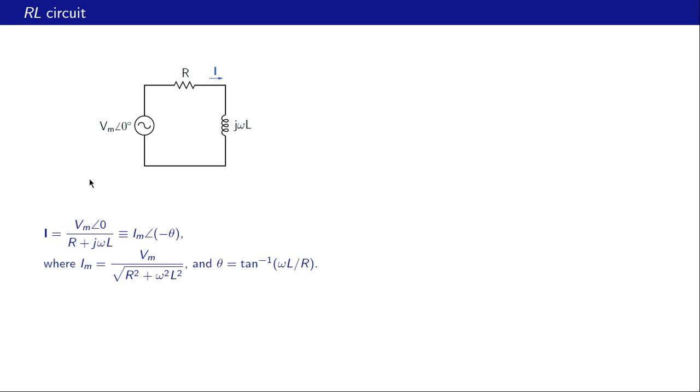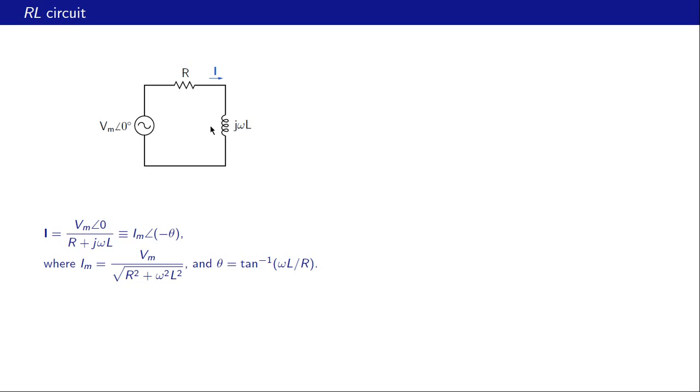Let us imagine that we have a DC circuit with a DC source Vs, a resistor R1 and a resistor R2. What would the DC current be in that case? It would be simply Vs divided by R1 plus R2.